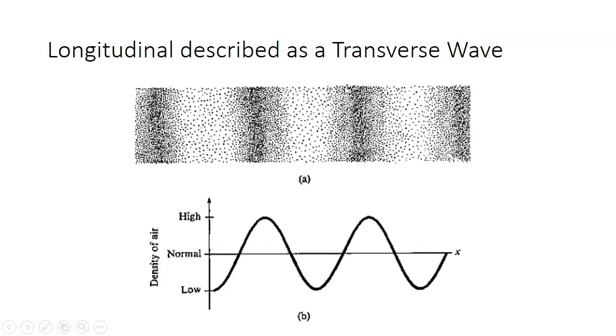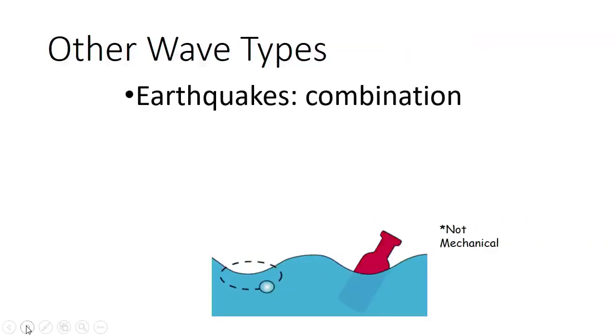Here again, we have another example differentiating longitudinal and transverse waves. But some waves, like water waves, can be described as a longitudinal wave or as a transverse wave. I'm just giving you that.